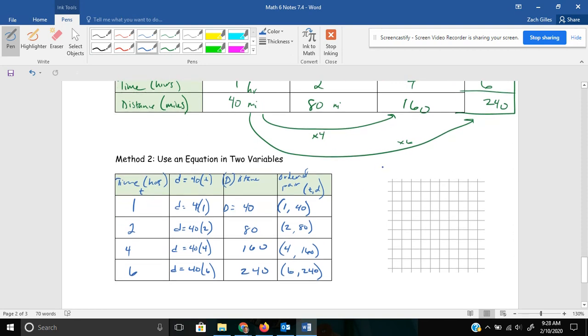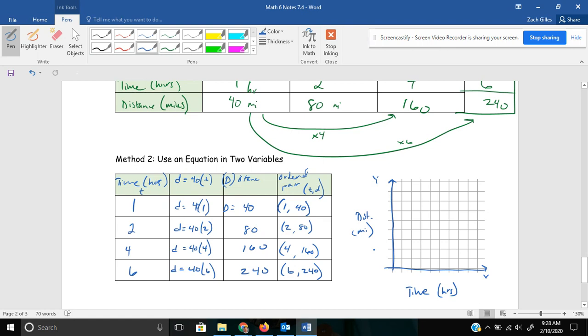Right, so here's my y-axis. In this case, my y, or my dependent variable, was my distance. My x, or my independent variable that I could choose, was time, and that was in hours. I should probably put miles here as well. Okay.